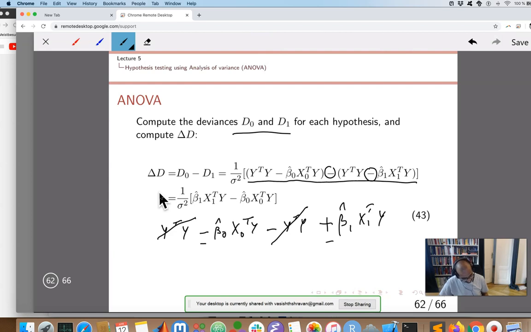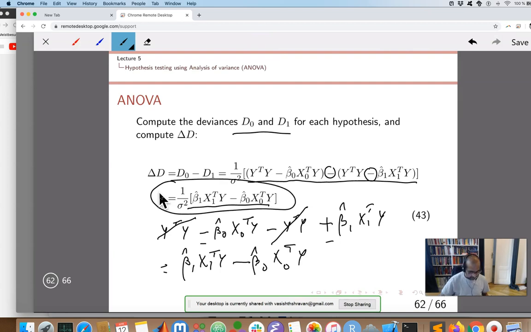So if I move the positive term to the beginning, I end up with beta 1 hat x1 transpose y minus beta 0 hat x0 transpose y, right? So that's this term here, and so now I've got the difference in the deviances in terms of the two design matrices and the hypothesized betas, right?